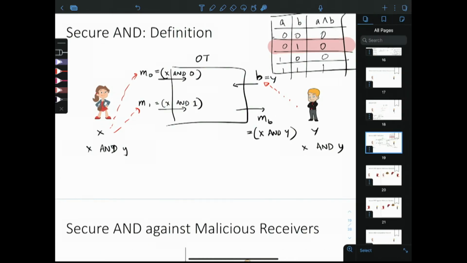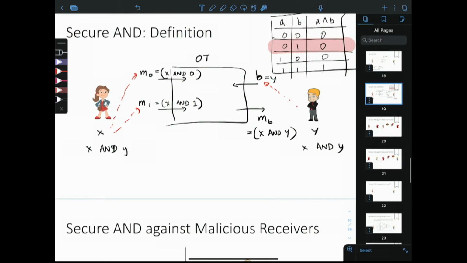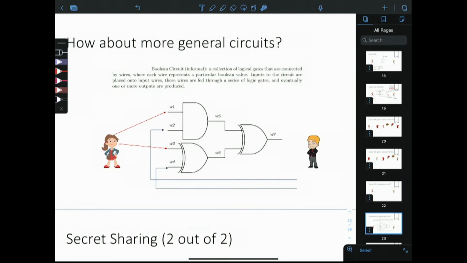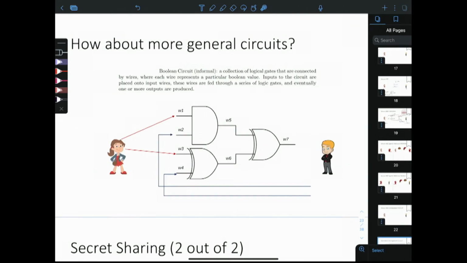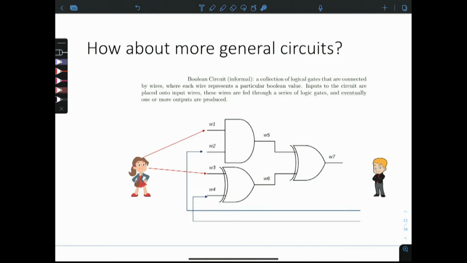Now, the reason this is interesting, I'm out of time, so I'm going to skip a little bit here. The reason this is interesting is that any general circuit can be written as a Boolean circuit, which is a collection of AND, XOR, and possibly NOT gates.